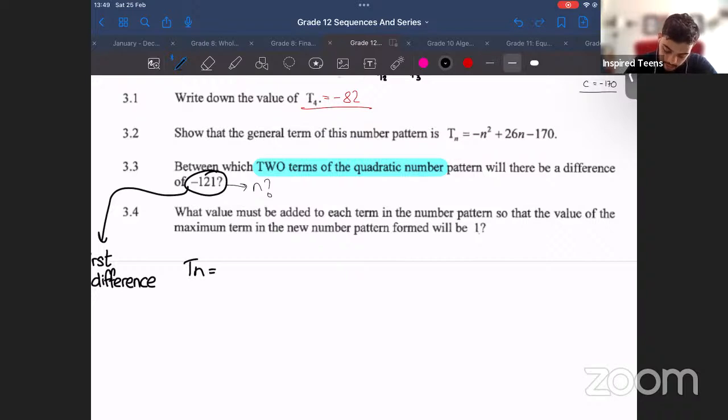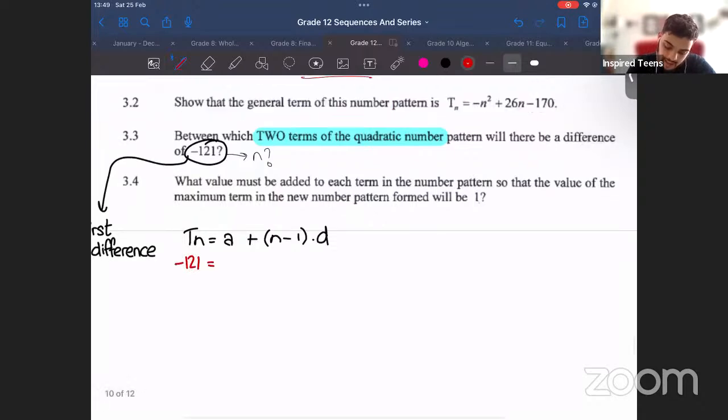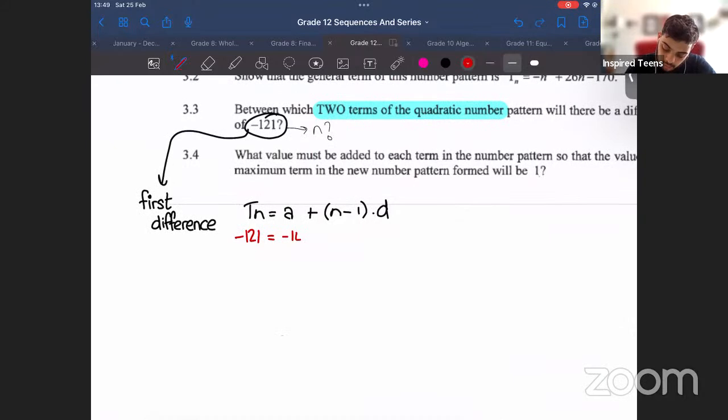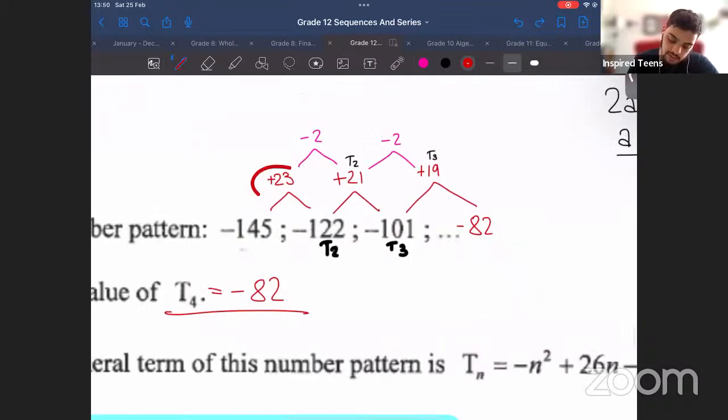Remember, Tn is equal to A plus n minus 1 times the difference. So Tn is negative 121, and A is our first term, which is negative 145. Nope, my head. It's not the first term of the quadratic, it's the first term of the arithmetic.